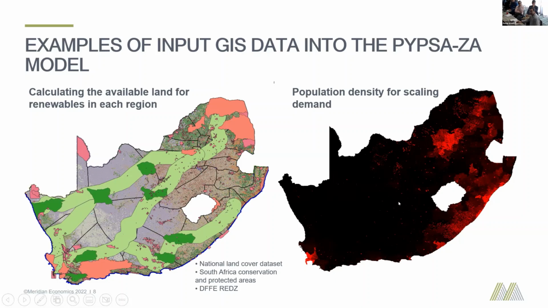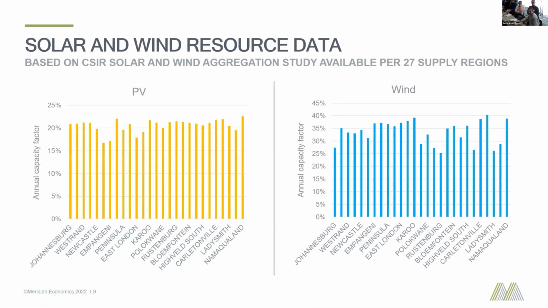In terms of how the demand gets split, this is an open data set around population density, and the demand gets disaggregated according to that. As I said, in terms of solar and wind resource data, this is based on the CSI solar wind aggregation study work that was done by Fraunhofer, and you see the different capacity factors from that data set.